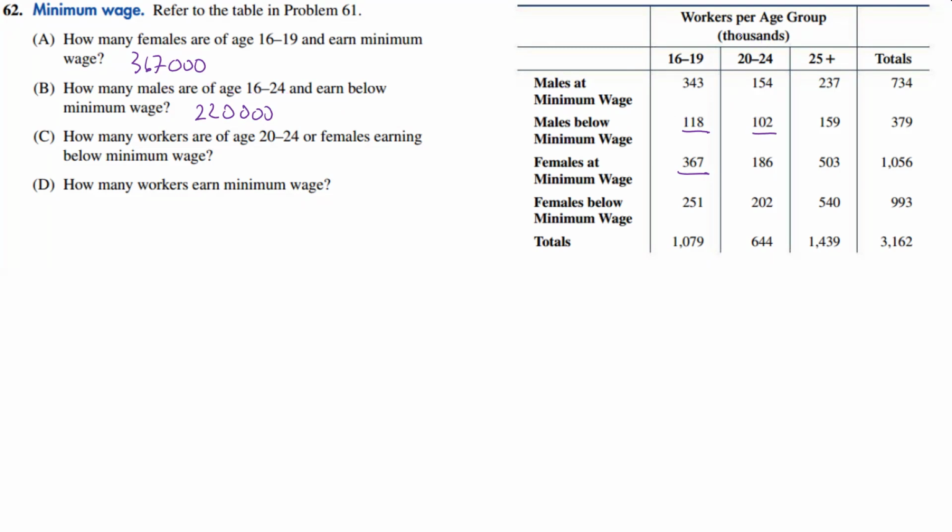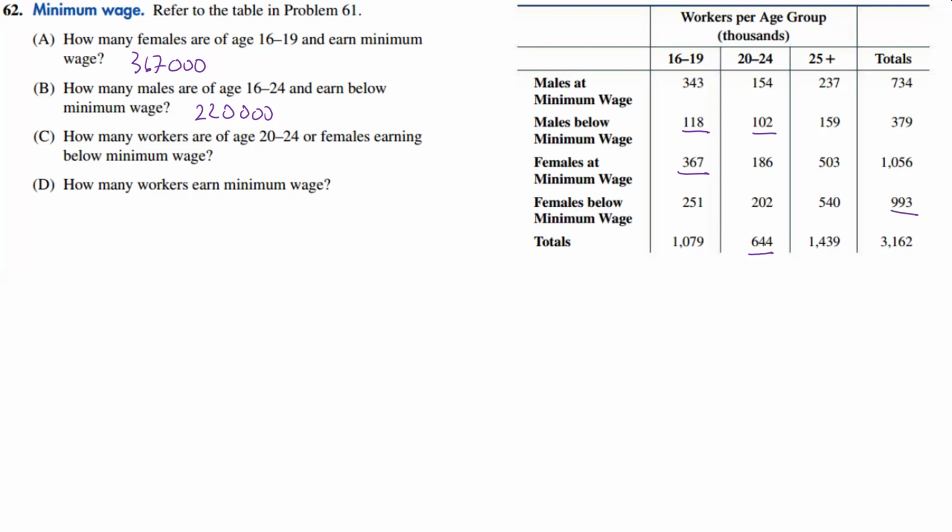All right. So now we want how many workers are age 20 to 24? Workers are age 20 to 24. Okay, so that's going to be 644. And females earning below minimum wage. Females below minimum wage. And so that's 993.